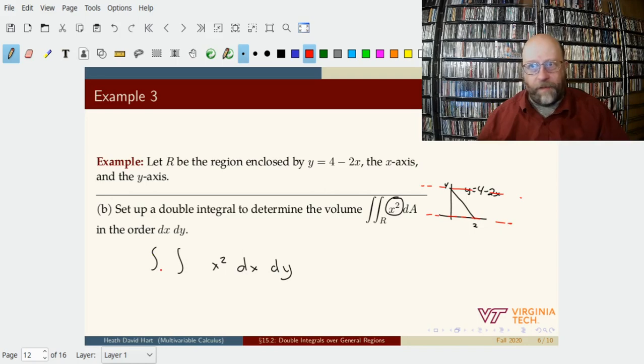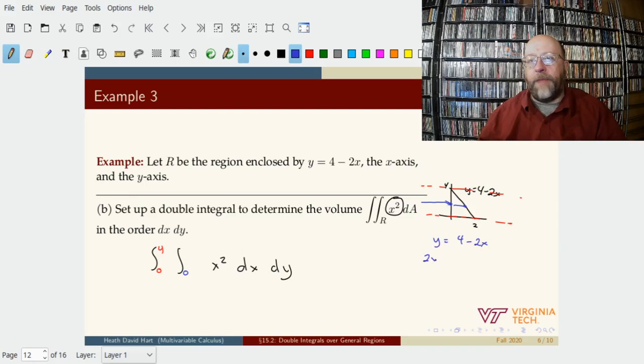The shape lies between 0 and 4 on the y-axis. And now, if I were an arrow traveling along the x direction between 0 and 4, I enter the shape along this vertical line, which is x equals 0, and I leave the shape along this diagonal line. But I have to be careful because I have to represent this in terms of x. And the diagonal line is y equals 4 minus 2x.